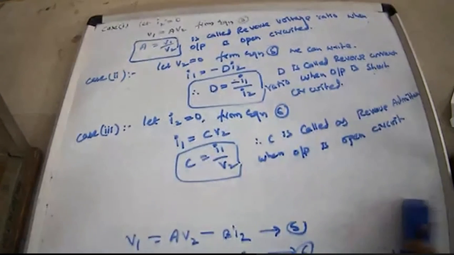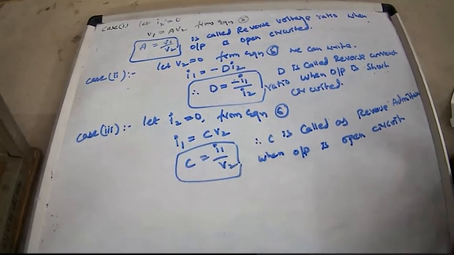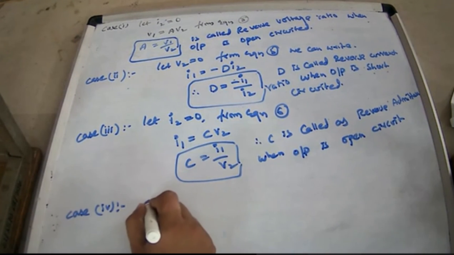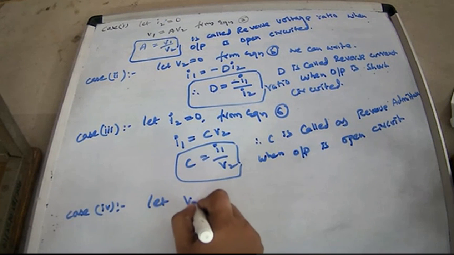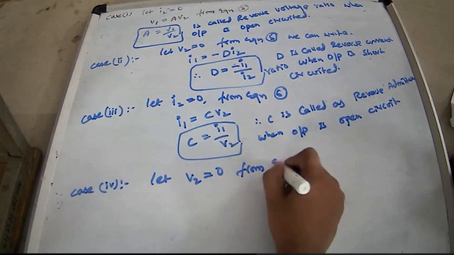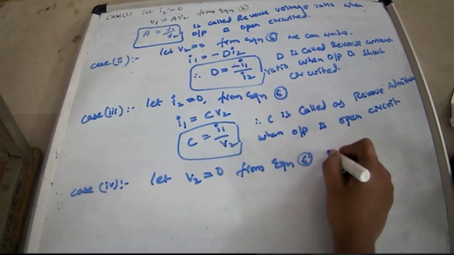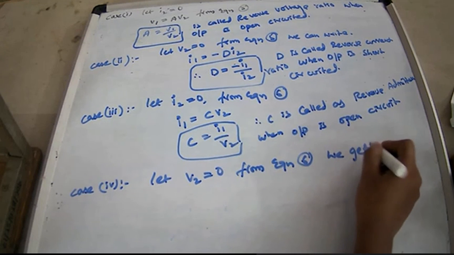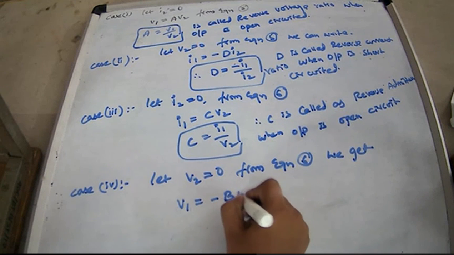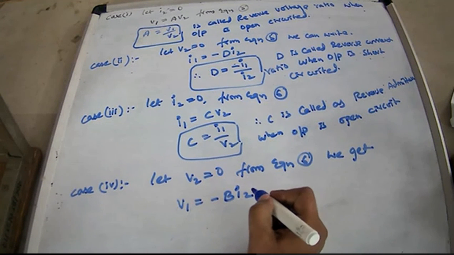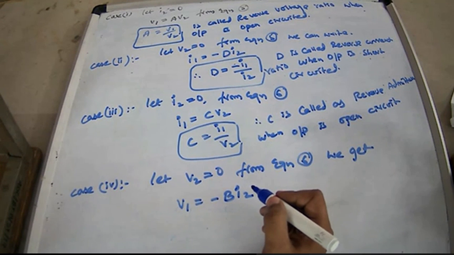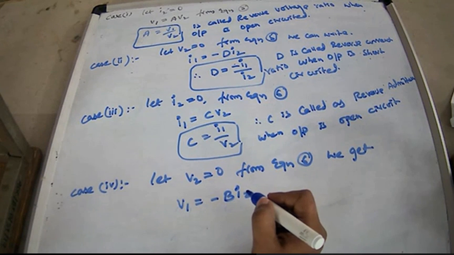Now let's see the last case, case 4. Here we are saying let V2 is equal to 0. From equation 5, we get V1 is equal to minus B I2. It is mandatory for you to have equations 5 and 6 with you when you are solving, so that you can easily follow.